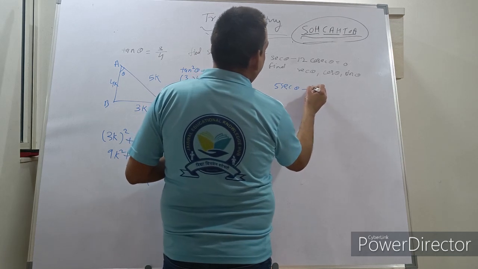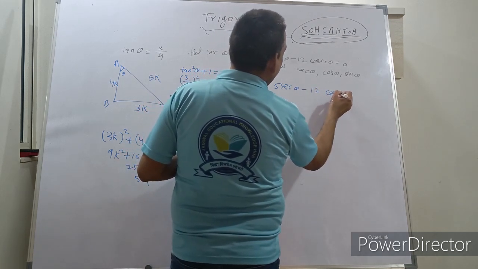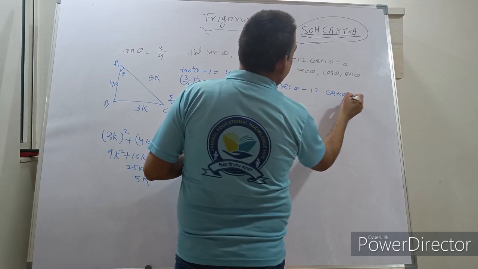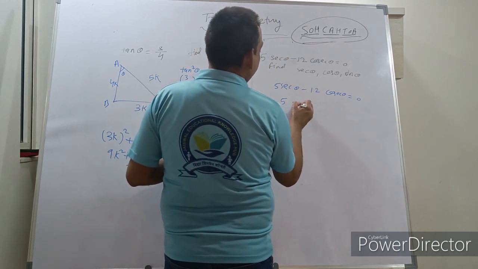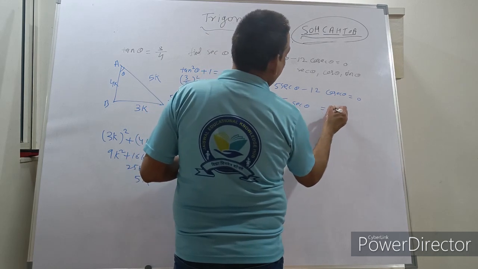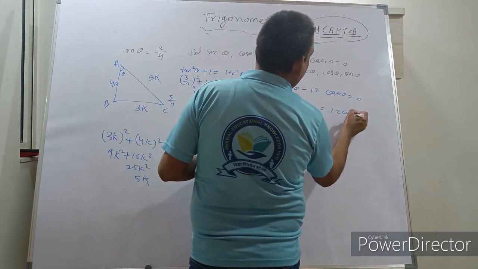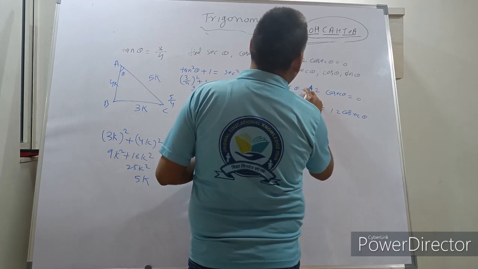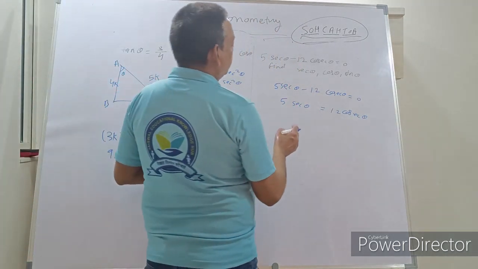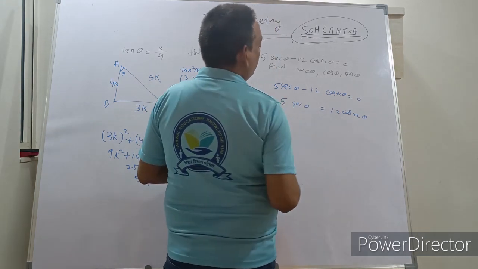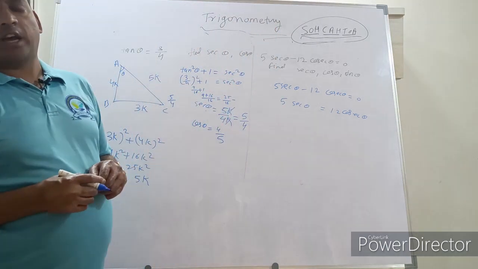Now in the next one, we have 5 sec theta minus 12 cosec theta is equal to 0. If you simplify further, this becomes 5 sec theta is equal to 12 cosec theta, because the minus 12 moves across and becomes plus. Now the first very simple thing, you can convert cosec and sec into sin and cos.